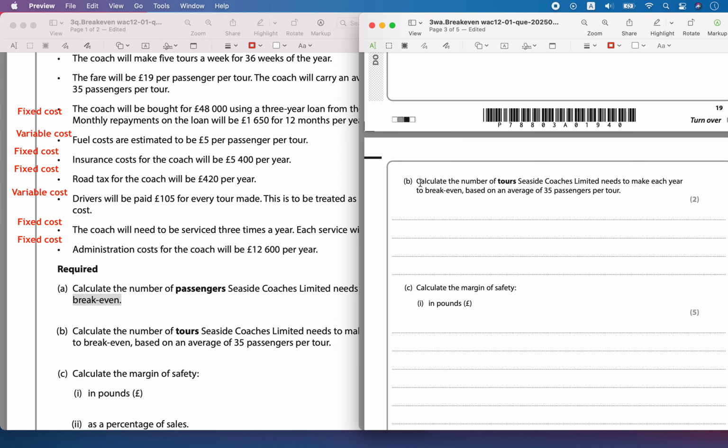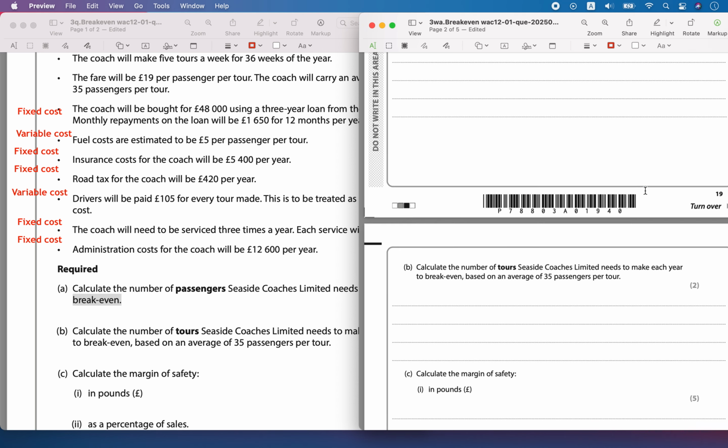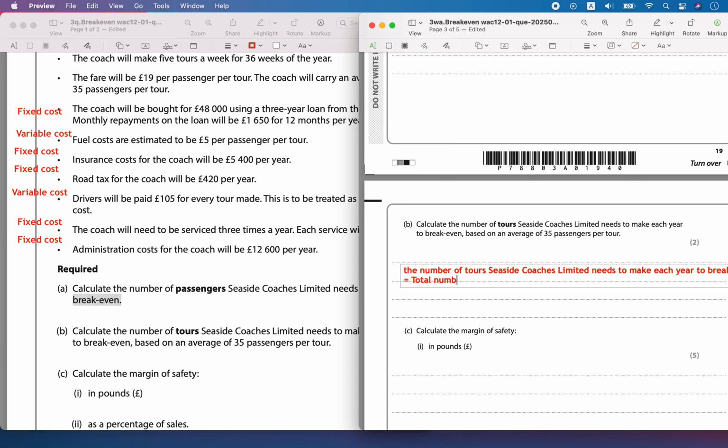Now part B of the question says: calculate the number of tours they have to make each year to break even, based on an average of 35 passengers per tour. The number of tours is the total number of passengers at break even divided by the average number of customers per tour.